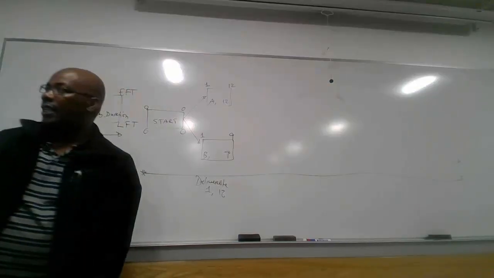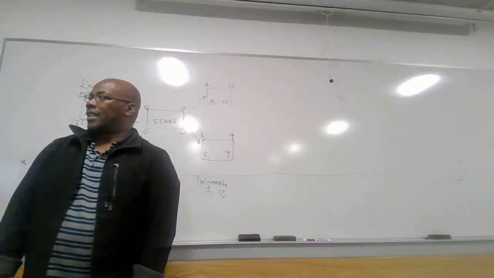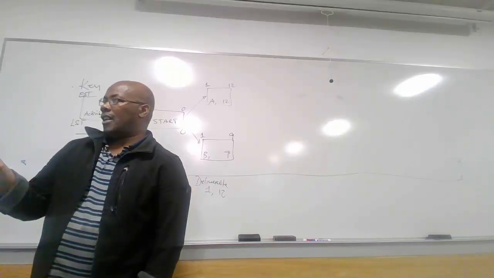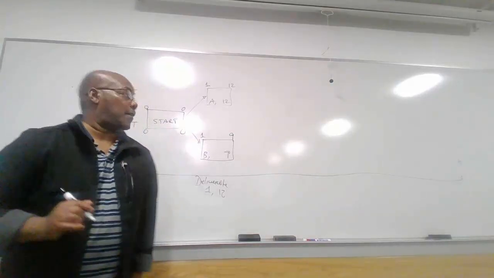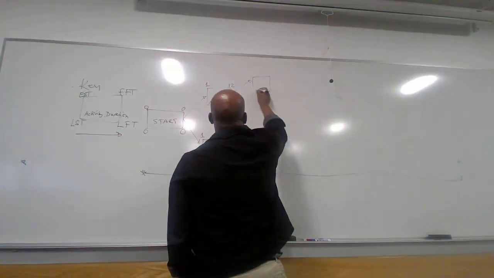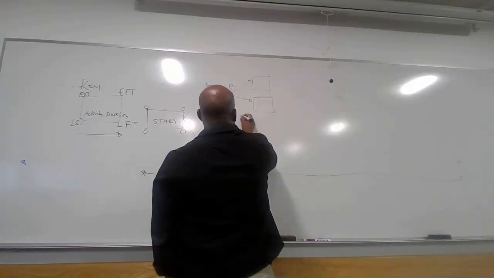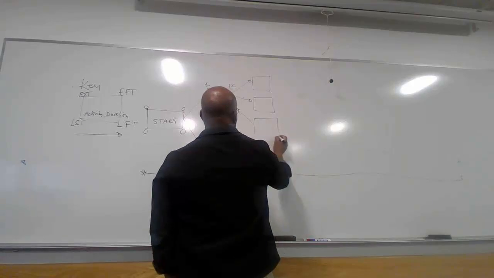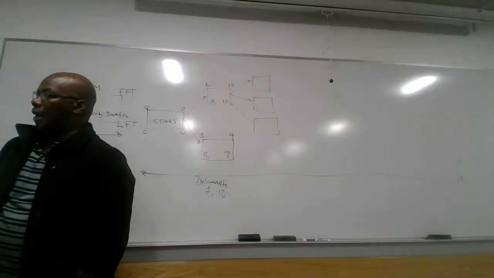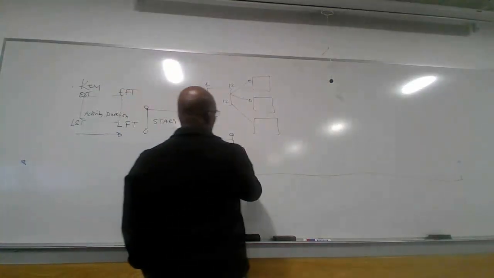So now we're going to look at the successors of A and B. So the successors of A are C, F, and I. So we have 3 activities here. And how about B? For B, we have D and E. So we have 2.